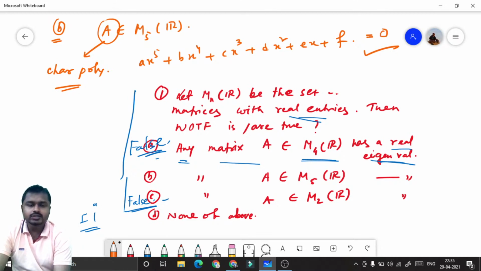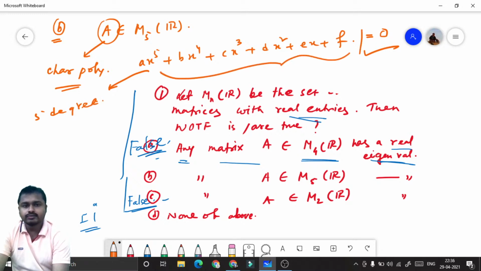If you make it equal to 0, then the characteristic equation is a fifth degree equation, so it will have five roots. If there is any imaginary or complex root, then they occur in conjugate pairs. That means there may be two imaginary roots or four imaginary roots.